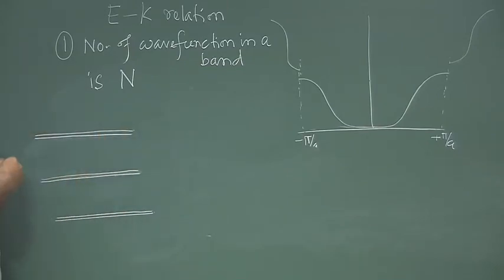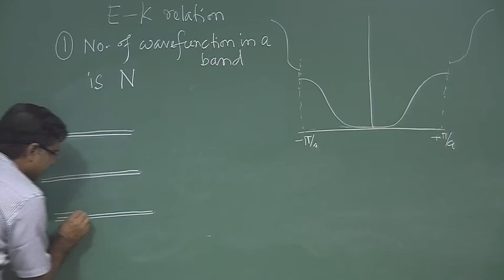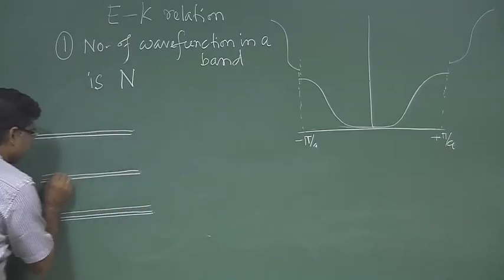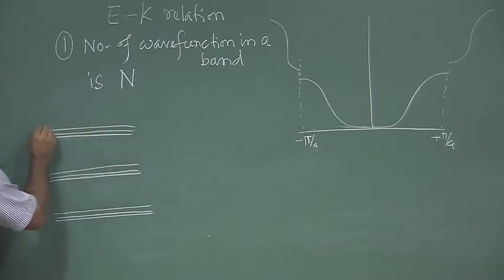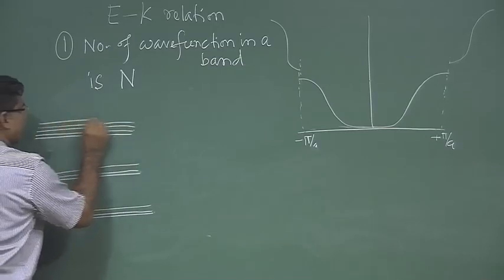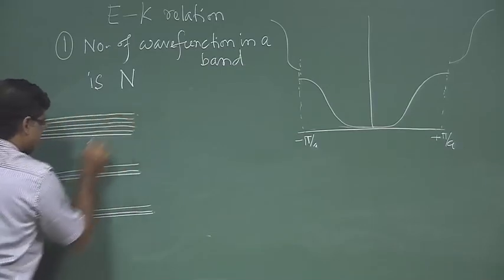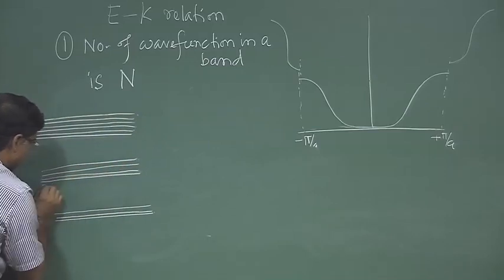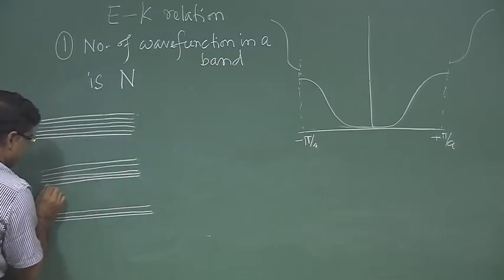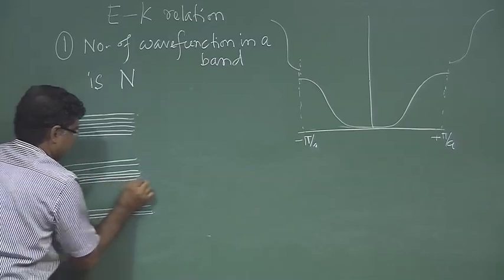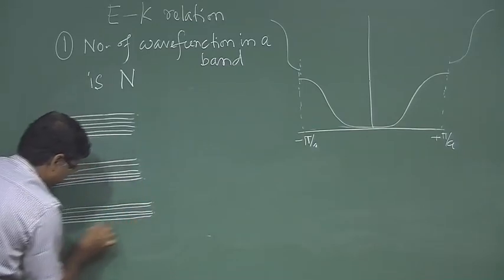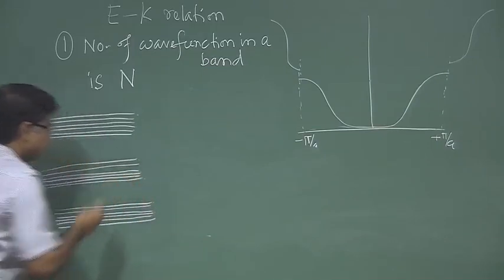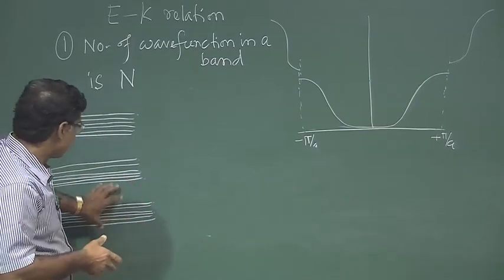If you increase one more, you will get 3 in each band. Similarly 4, 5, 6. Okay. So, that is why the band is formed.